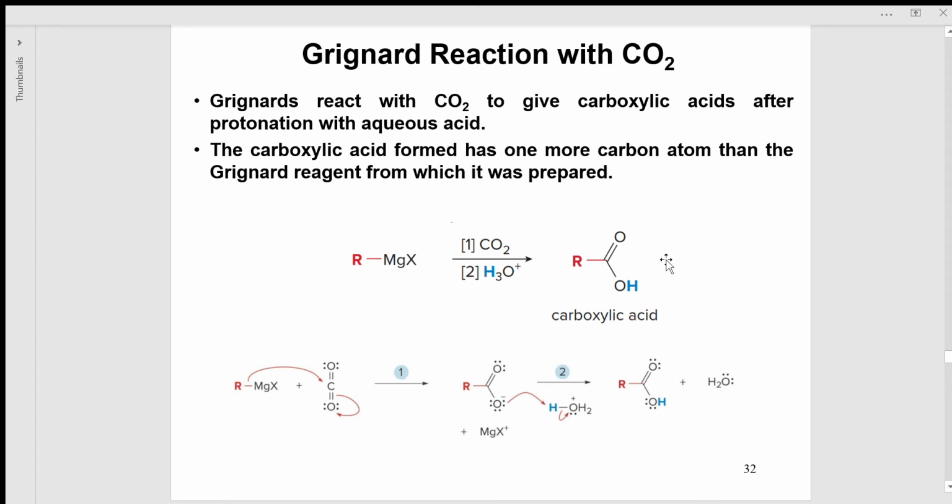So all the nucleophilic addition reactions to aldehyde and ketone, or the nucleophilic substitution reactions toward acid chloride or esters we have discussed so far, we need organometallic reagents.